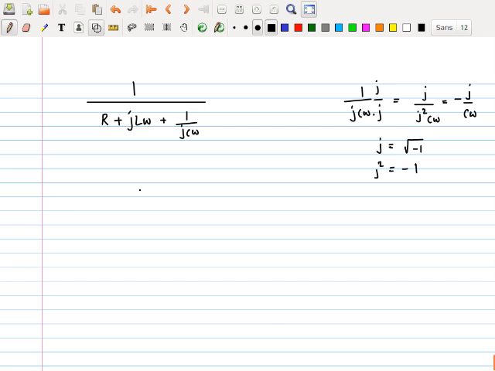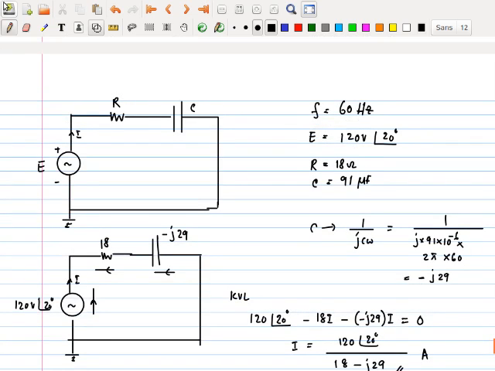And I substitute here, I would get R plus J times L omega, and minus J over C omega, and that is equal to 1 over R plus J times L omega minus 1 over C omega. This is how I got the earlier equation. So now we have understood the most fundamentals of AC analysis.